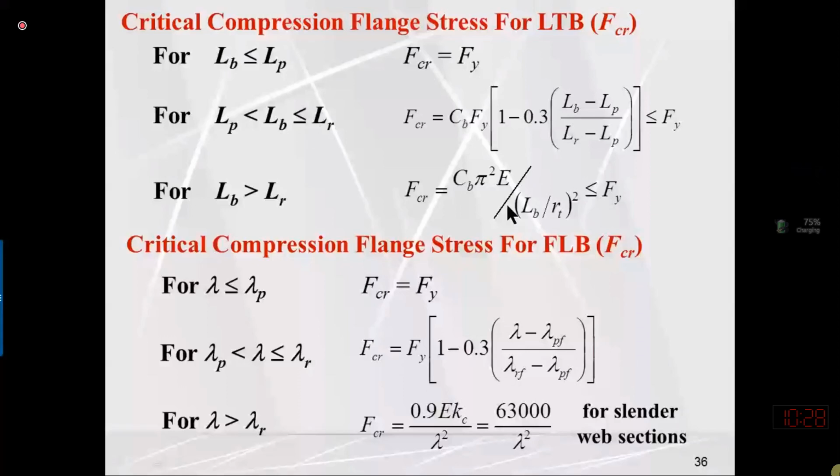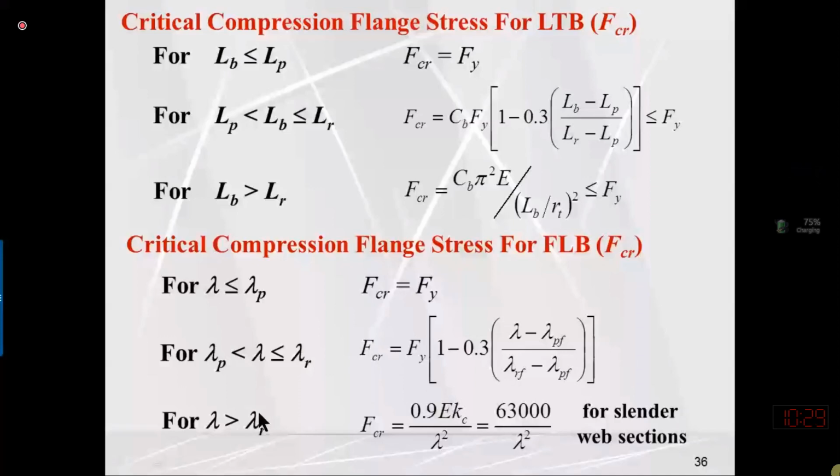Based upon flange local buckling, if lambda F is less than lambda P, FCR will be equal to Fy. If lambda F is more than lambda P and less than lambda R, then we determine the FCR value by this expression. The last formula will not be applicable. Why? Because we never allow lambda more than lambda R.